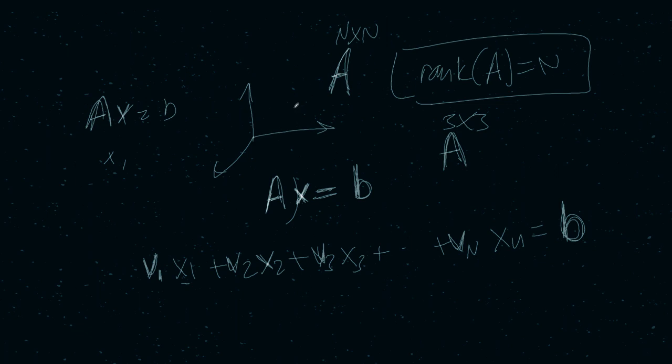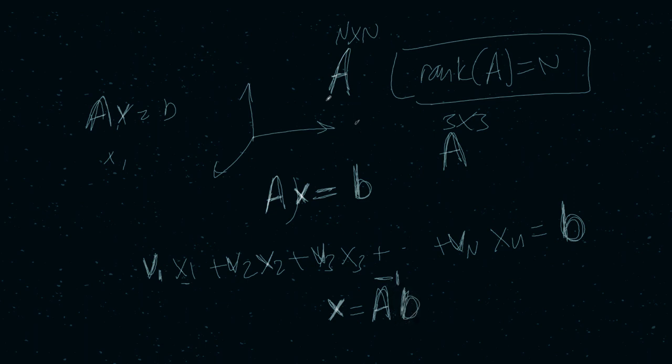It could be like a projection of this x times A, or the rotation or the mapping of x in the space of A. And the reason is that A is a square matrix and it is full rank, which means that it is a non-singular matrix, so it has an inverse when we multiply it by b.